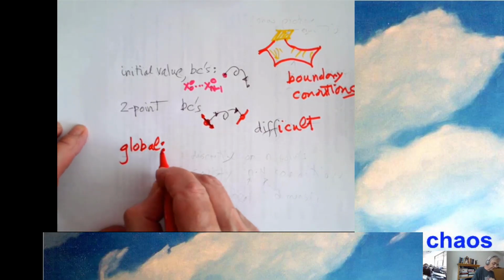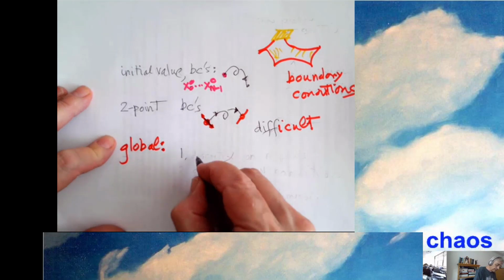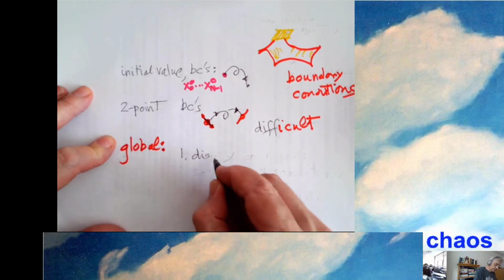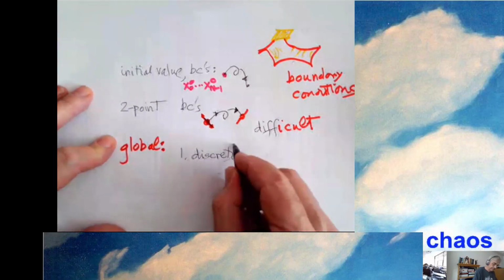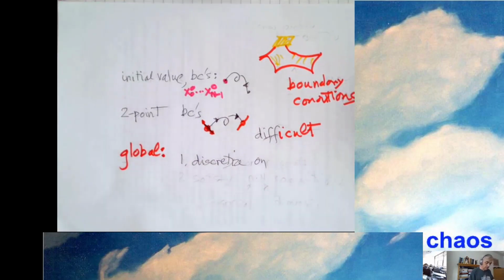So, think globally, act locally. That's the whole thing. And how do we act locally? Well, we say, the best we can do is we can discretize on n points.